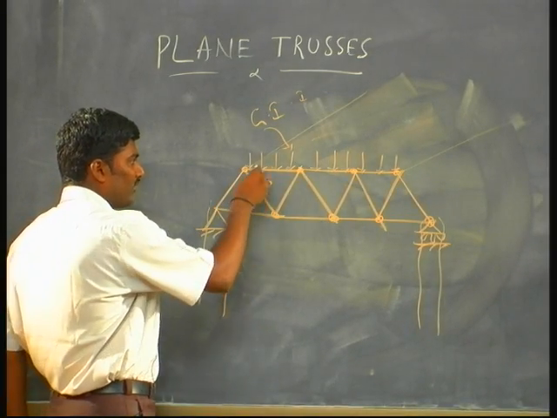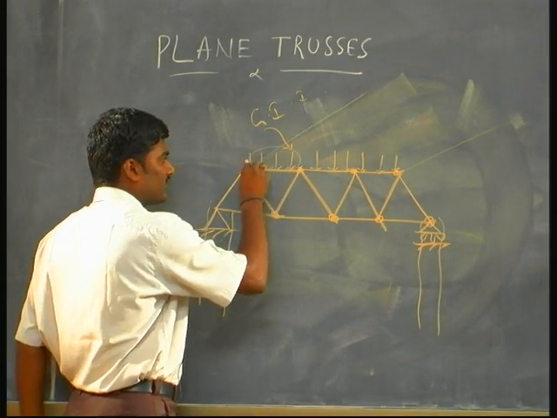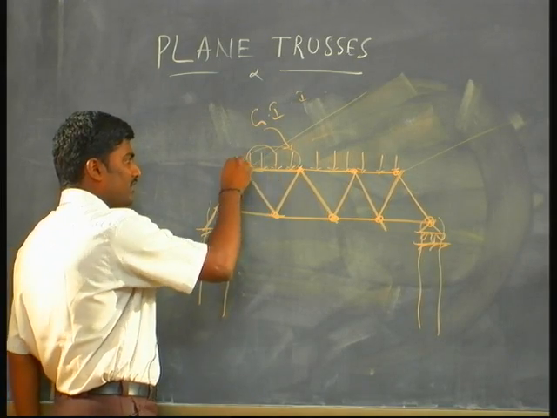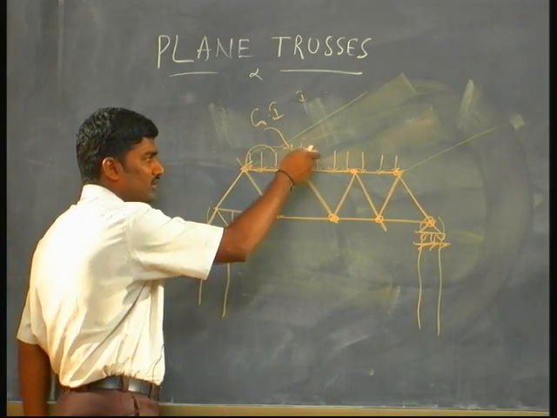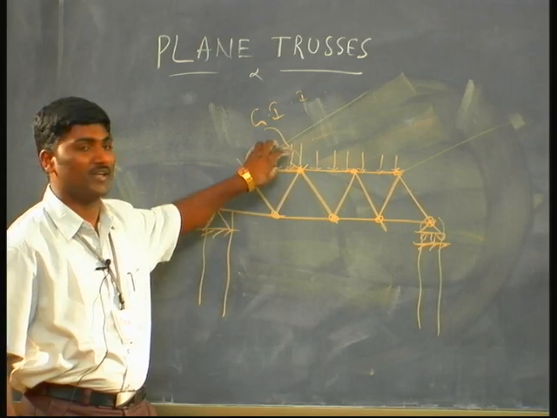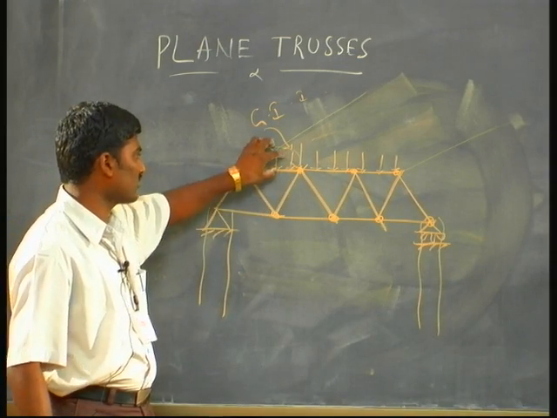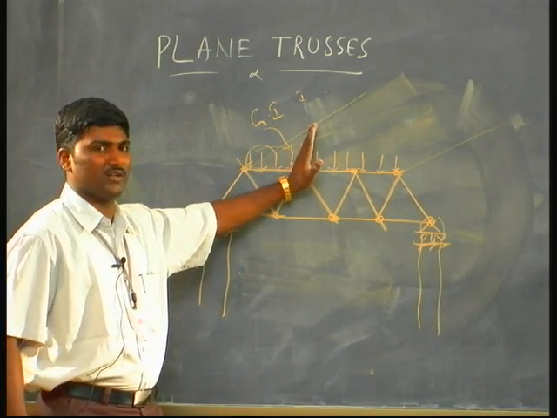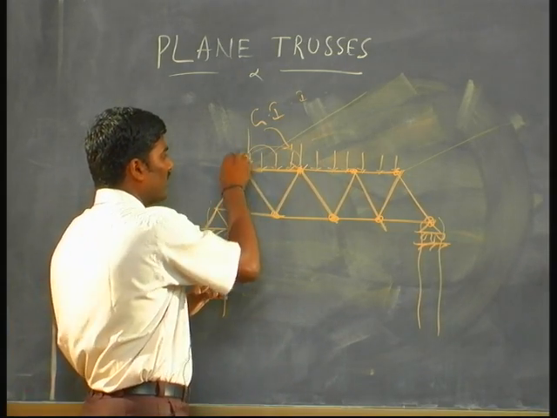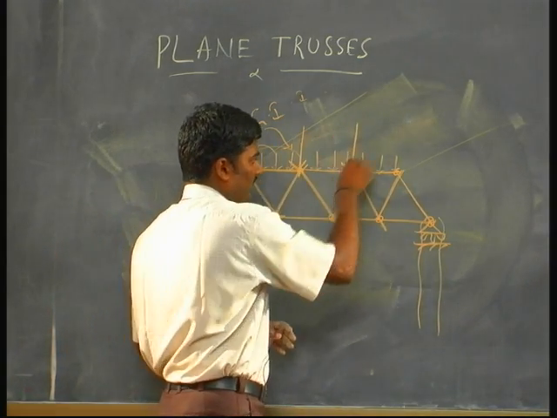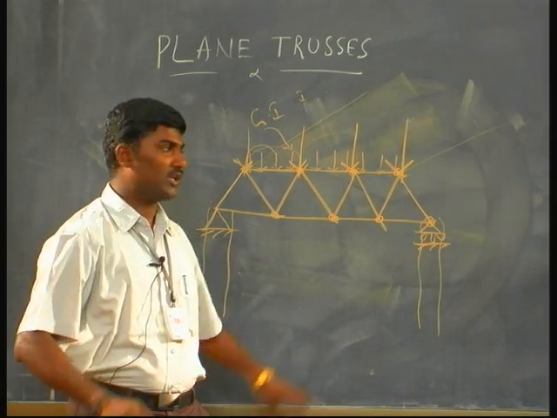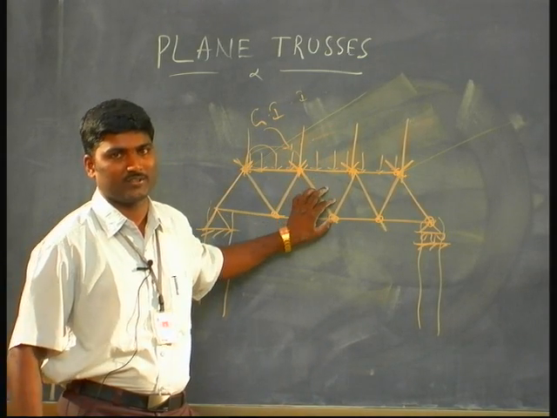That is why I calculate this total load and apply it to this joint and to this joint. So my loads will be only on joints now. This is how the loading comes onto the truss.